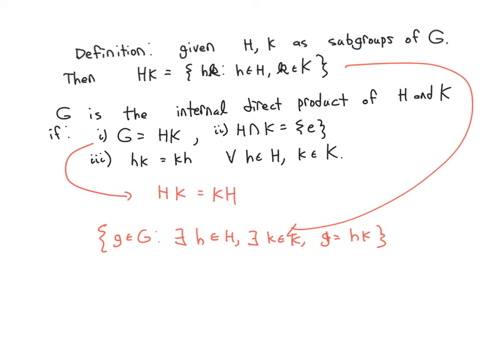You'll see when I do the proofs, I only ever show that G is a subset of HK because the reverse inclusion is already given. This part is always true by definition.